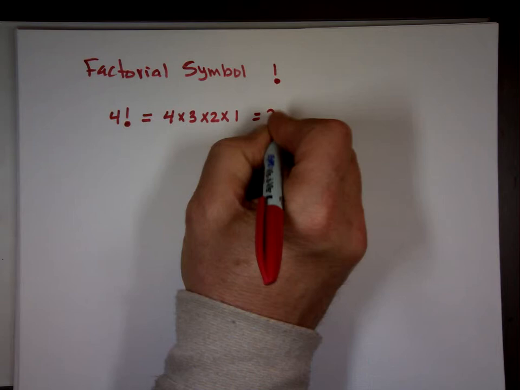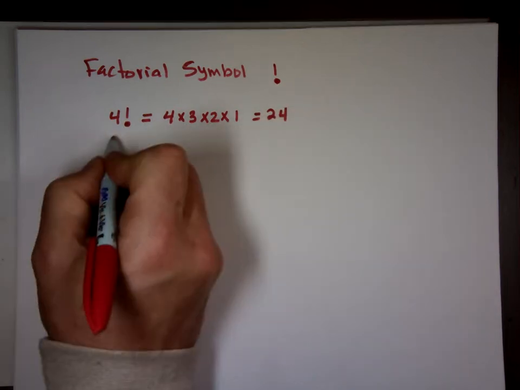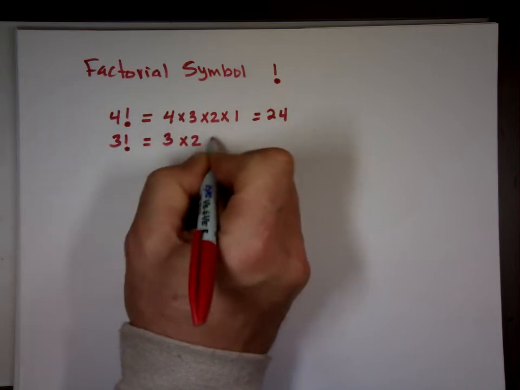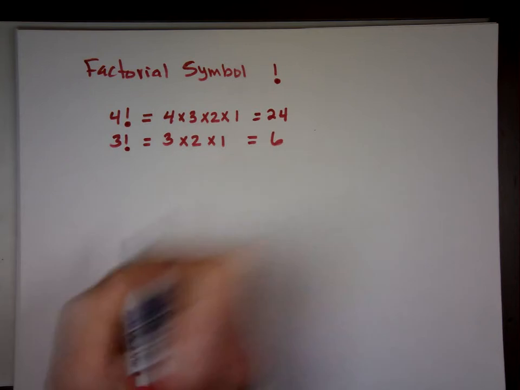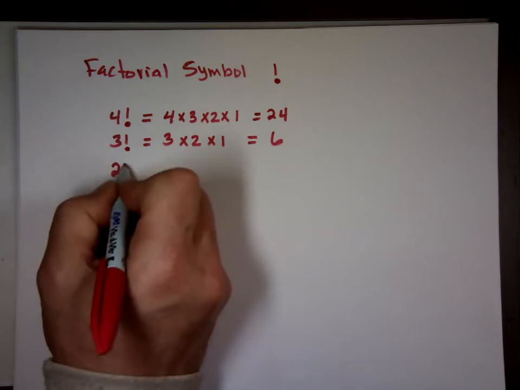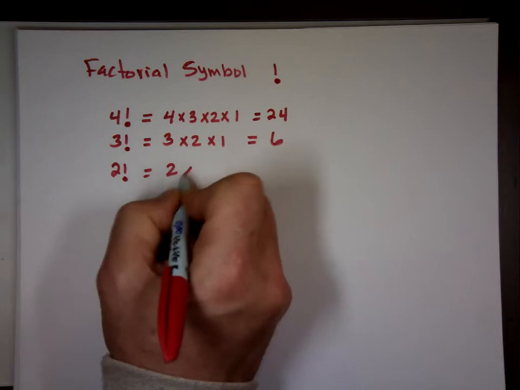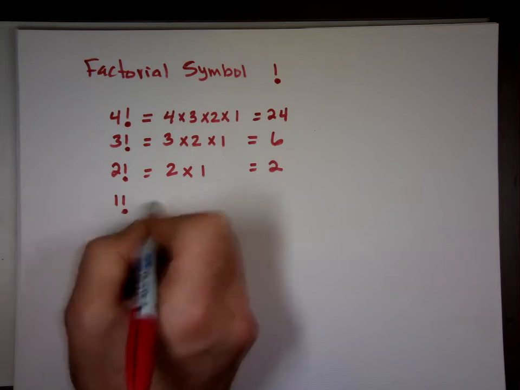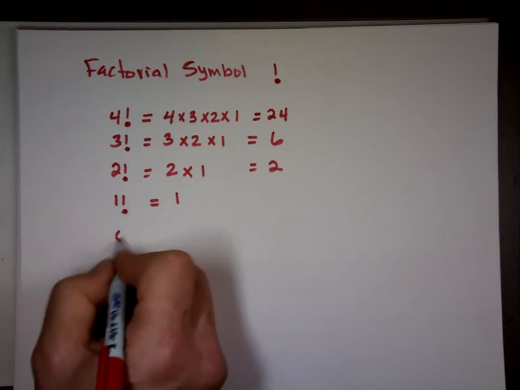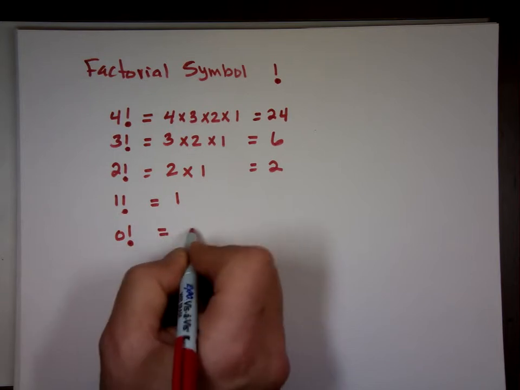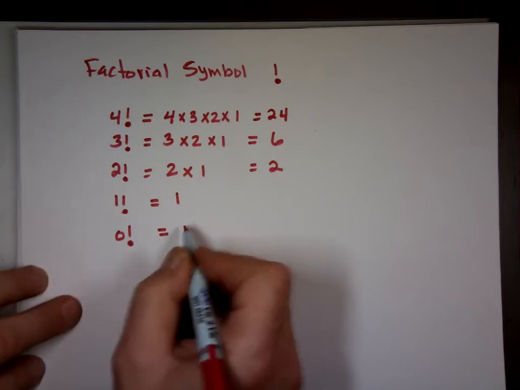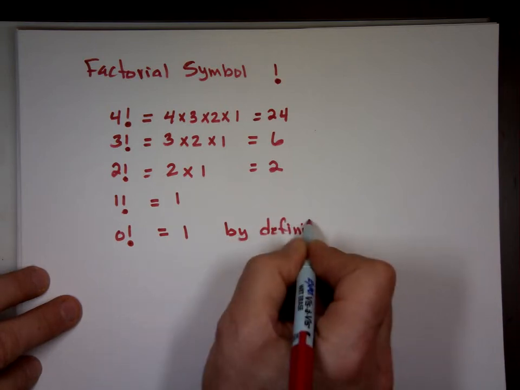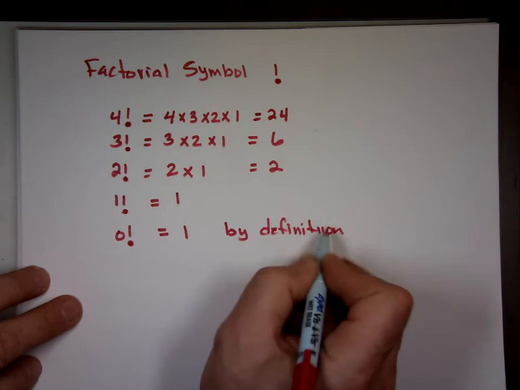That's 24. 3 factorial. 3 times 2 times 1. 6. 2 factorial. 2 times 1. 1 factorial. That's just a 1. 0 factorial. This is by definition a 1. Again, by definition. It doesn't fit the mold.